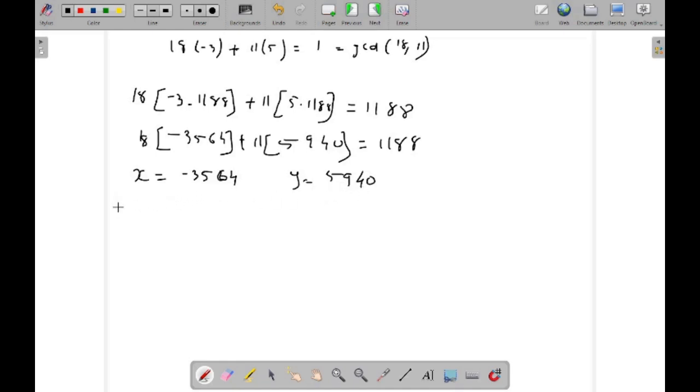This is a particular solution. We can say x0 is equal to minus 3564 and y0 is equal to 5940.